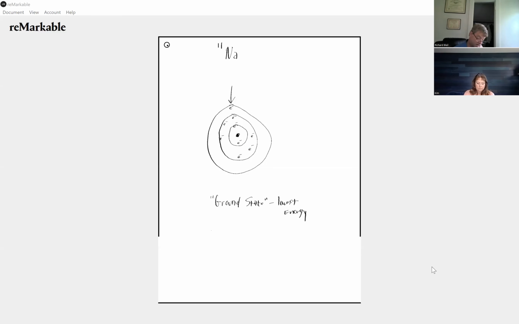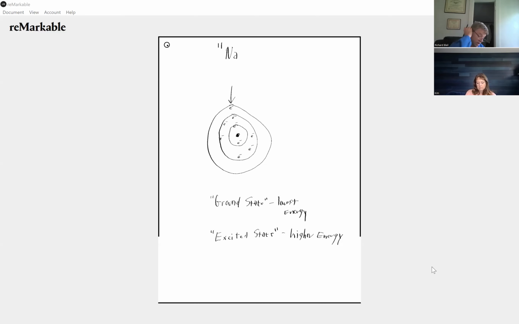While we're on it, the excited state is anything other than the ground state. If it is not ground state, it is excited state. If ground state is the lowest possible energy, then excited state must be higher energy than the ground state. Excited state, higher energy.